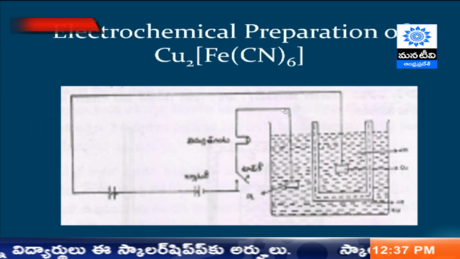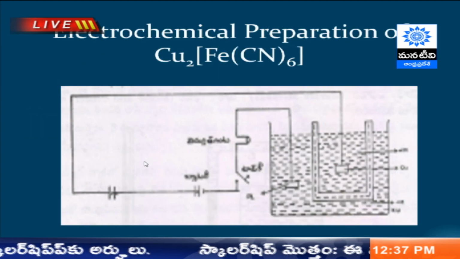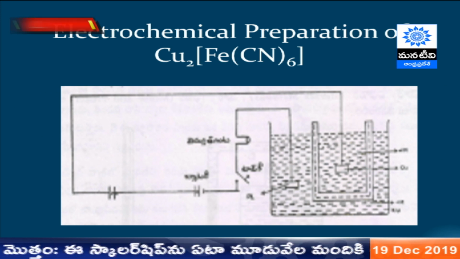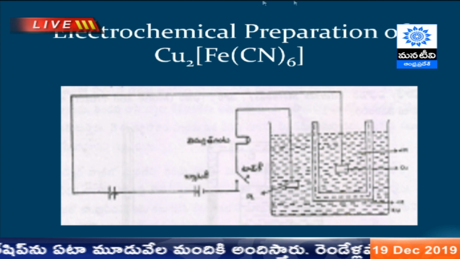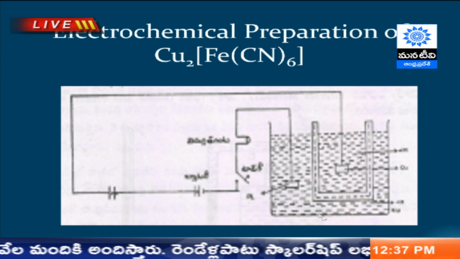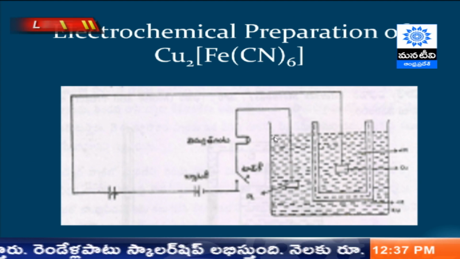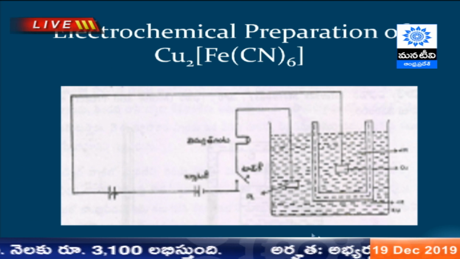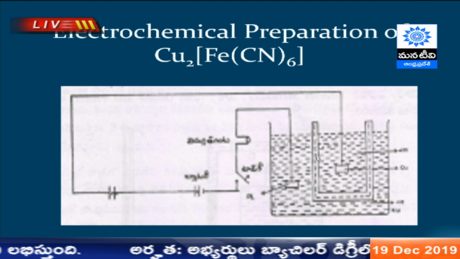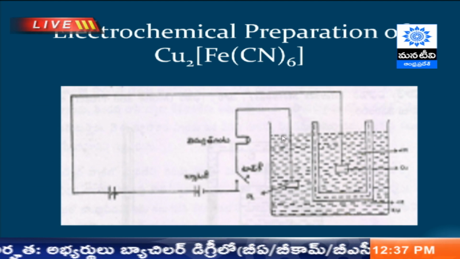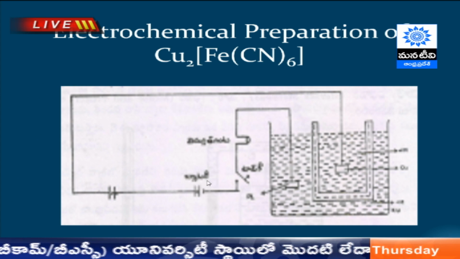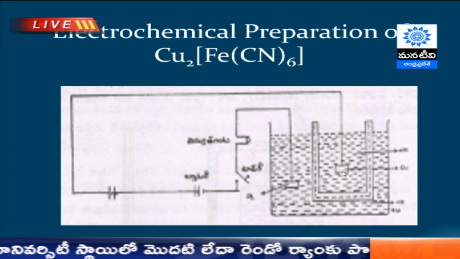Now, this is an experimental setup where you will prepare copper ferrocyanide electrochemically. See, the setup has two vessels. It has an inner vessel covered by an outer vessel, and both of them are connected to a battery to allow the flow of electricity.